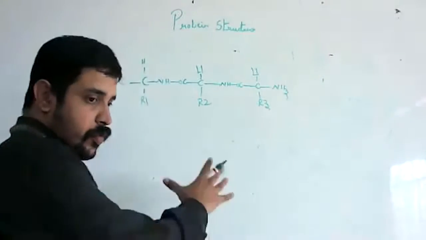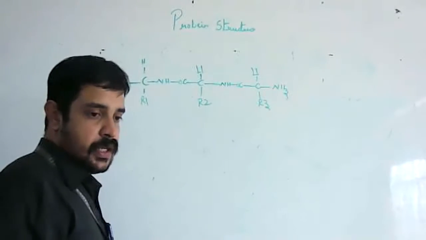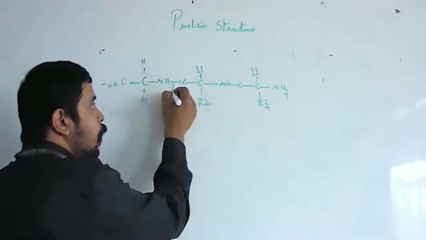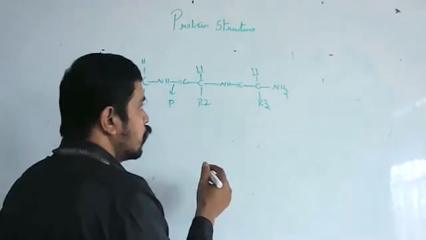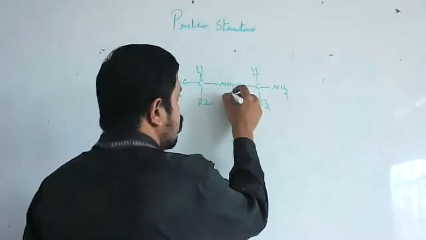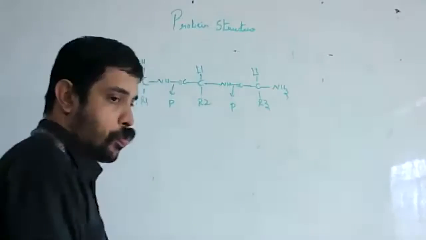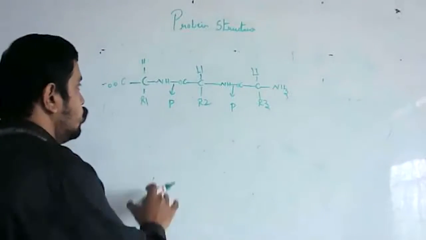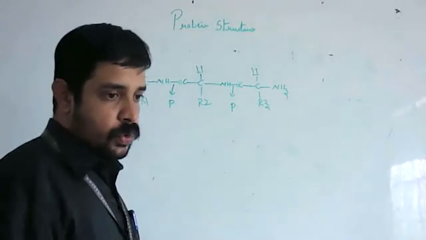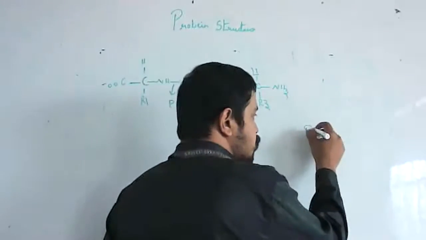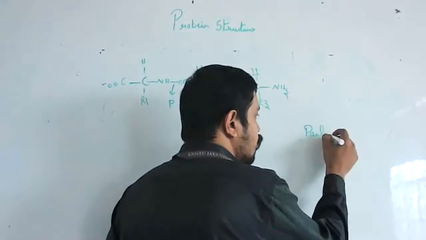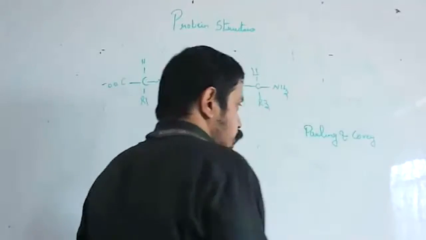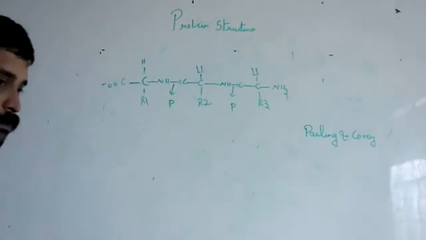Now, this is a Henry diagram which we have already discussed. So this is your peptide bond, and again if you see here, this is your peptide bond. Now, as I told you, you remember the very important discovery made by Pauling and Corey.